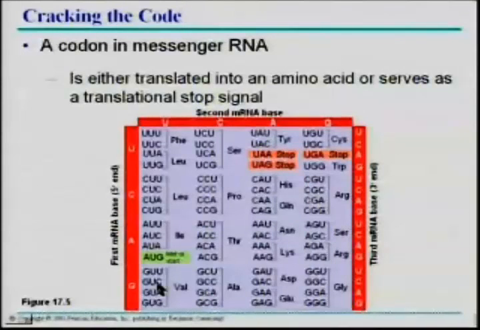So the dictionary of the genetic code is shown in this table. The 3 bases of an mRNA codon are designated here as the first, second, and third bases, reading in the 5' to 3' direction along the mRNA.